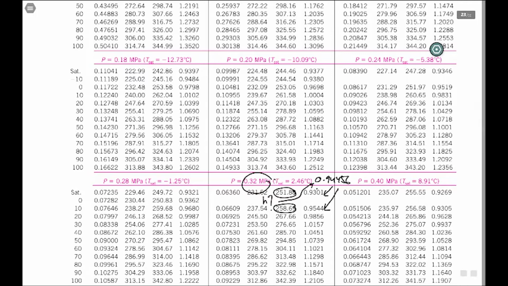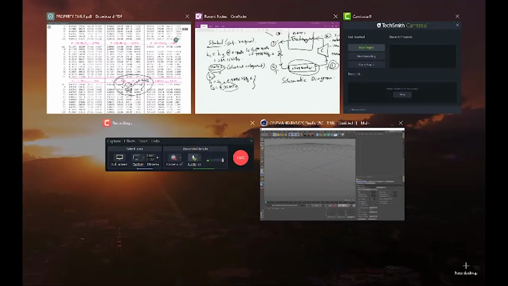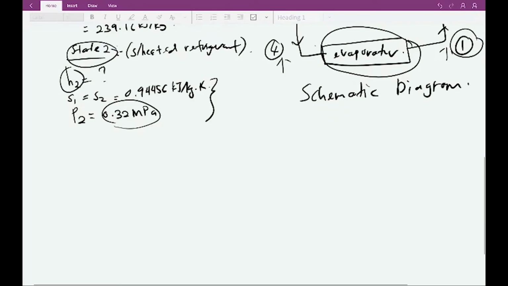So I'm copying this number again, 251.88, and its equivalent value for entropy is 0.9301, and then I take 258.69, and the equivalent value for entropy is 0.9544. Okay, and then I take these numbers and build a simple table for the interpolation process.